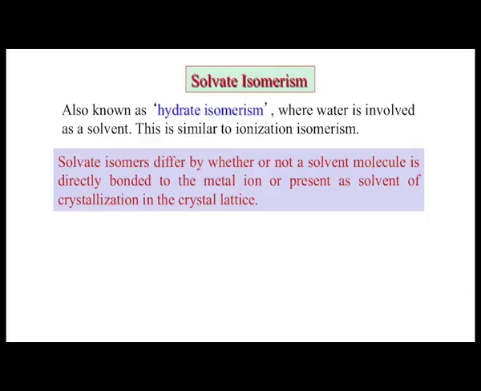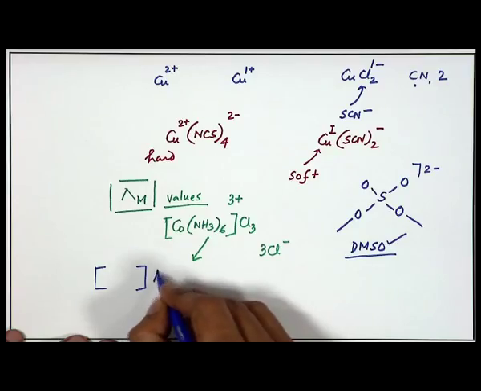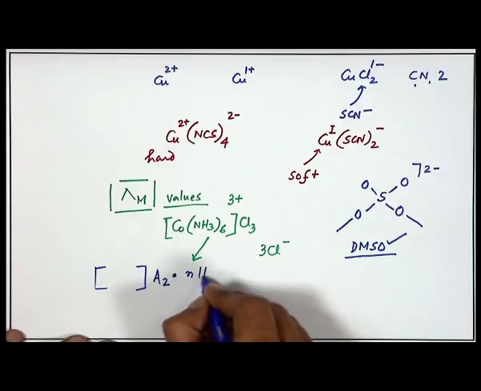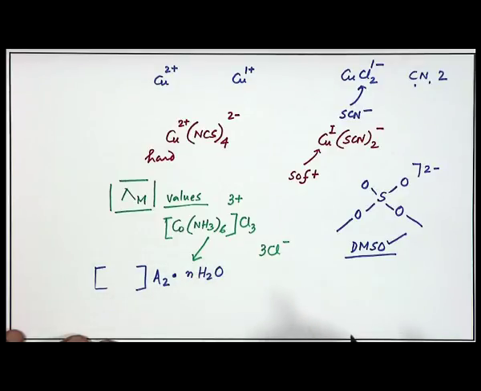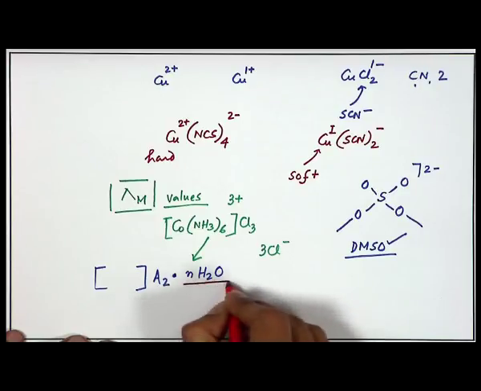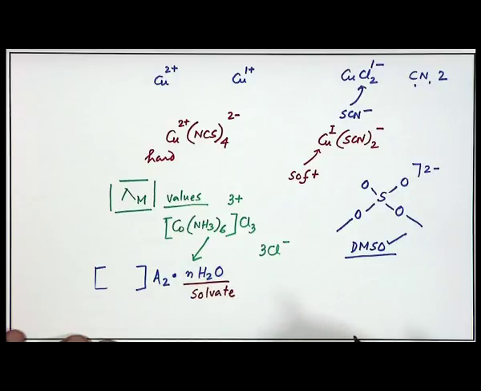When water is going outside, we get the complex with some anions, say A2, A3 etc., and then some water molecules. Since water is not required for charge neutralization, these water molecules should be present as the solvent of crystallization, which we call the water solvate.